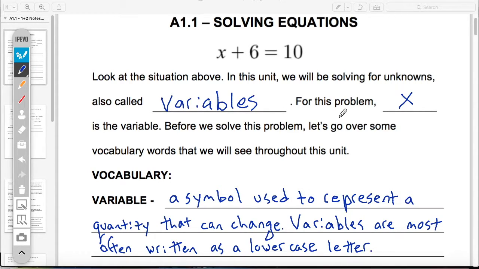So if we look at this example above, x plus 6 equals 10, there's a reason this x is lowercase. It is not uppercase, because variables are most often written as a lowercase letter. I'm going to move on. Pause the video if you need more time.